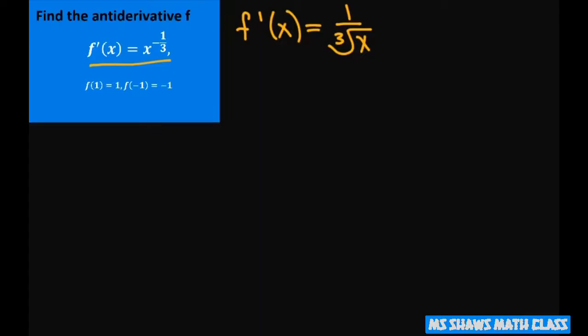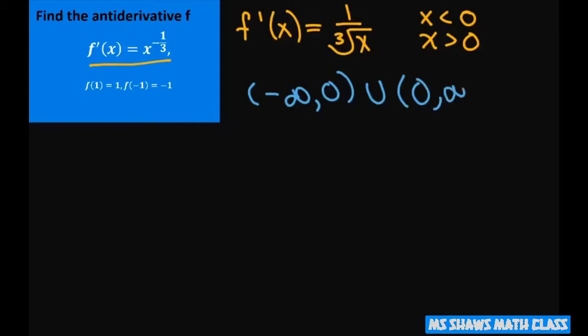So when you look at x less than 0, and we have to look when x is greater than 0. Or you could say the domain is negative infinity to 0 or 0 to infinity. But anyway, you have to look at it this way.